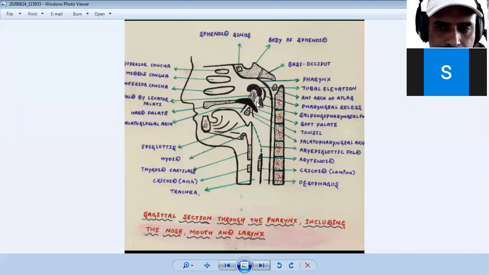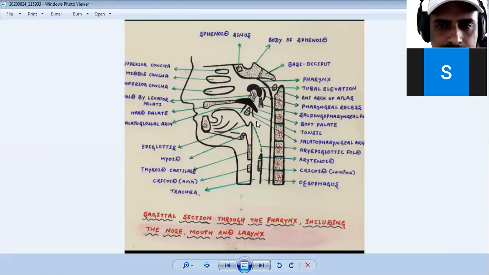Then this pharynx communicates on each side with the middle ear cavity through the auditory tube. This auditory tube is communicating with the middle ear cavity. You have to remember specifically that the nasopharynx communicates with the middle ear cavity.